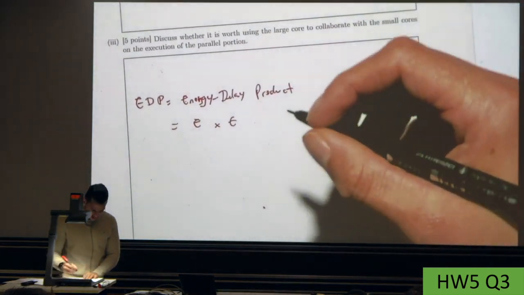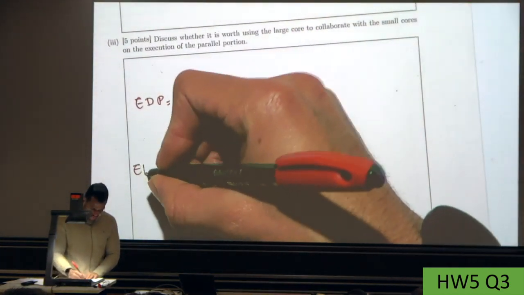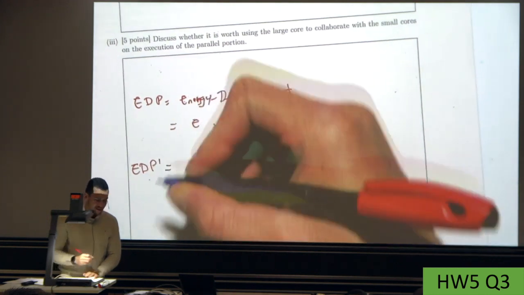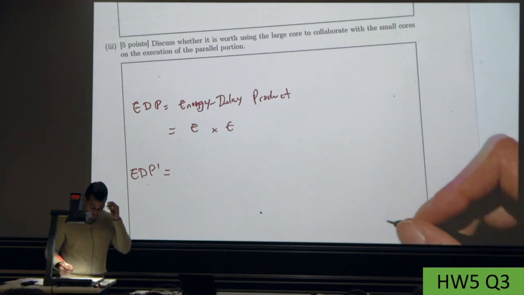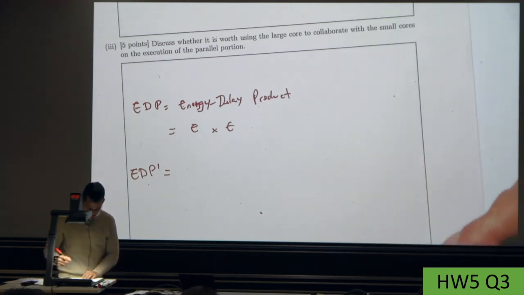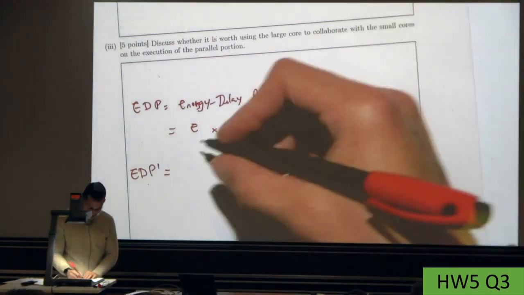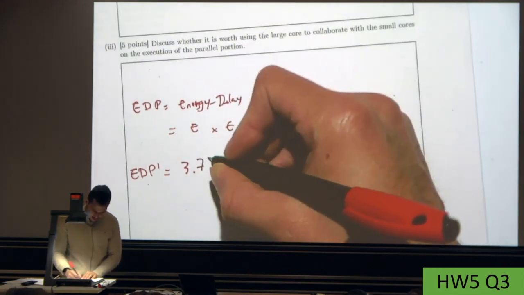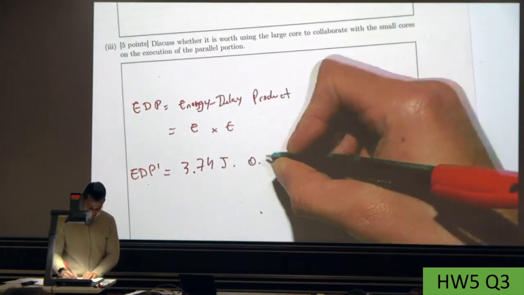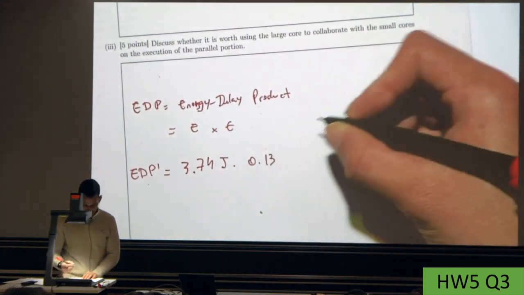So if you calculate the EDP when the larger core is not helping, the energy we spent was 3.74 joules and the time was 0.13.